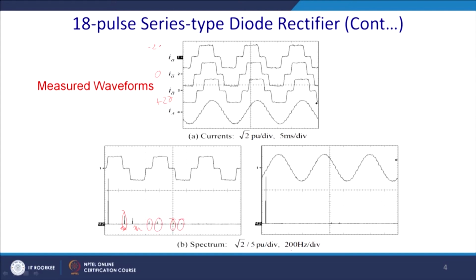If you take the harmonic spectrum of it, the current is in the scale of √2 per unit per division because of the peak value, and it is 5 milliseconds per division on the oscilloscope or power scope. You can see that here only the first harmonic is present, thereafter this one is 17 and this one is 19. All the others are absent and you can get the desired power quality.